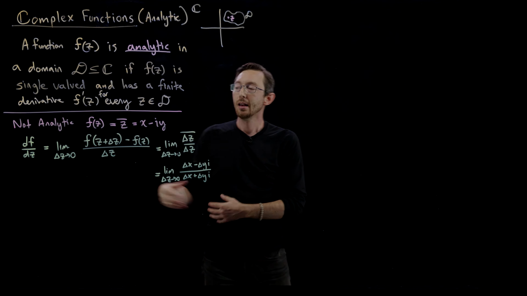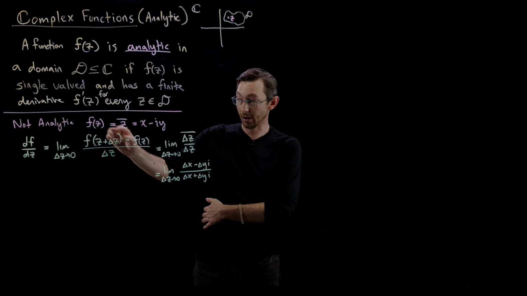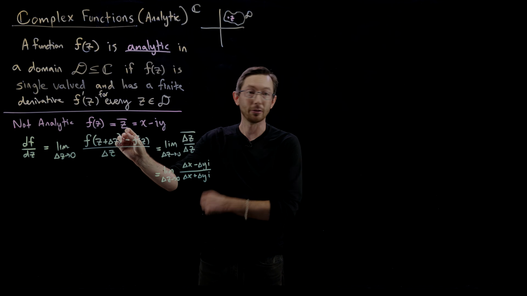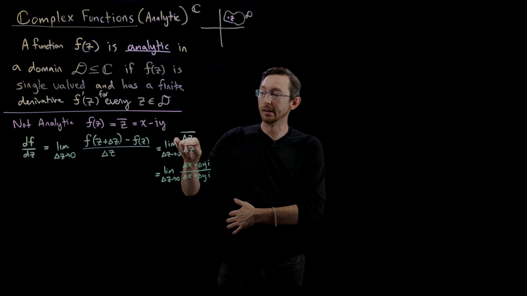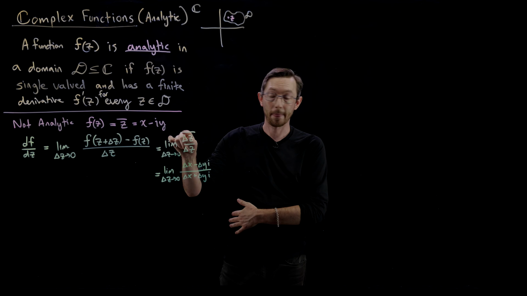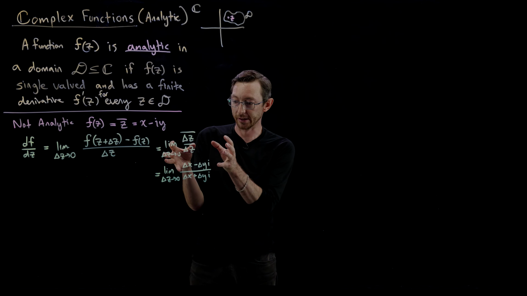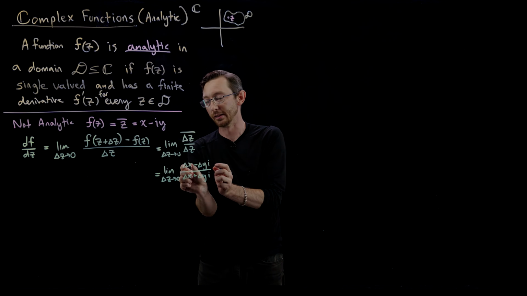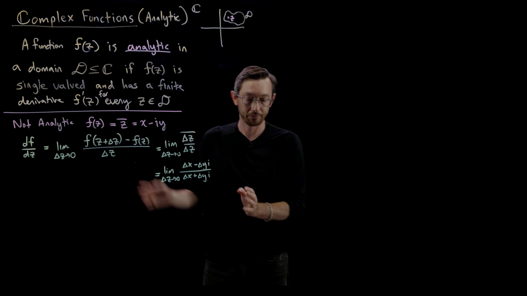So the derivative df dz is the infinitesimal rate of change of f when I vary delta z. If you literally plug in z plus delta z and z into this complex conjugate function f and cancel them out, just do that on a piece of paper, pause the video and do that, you'll see that the top is going to be delta z bar, and the bottom is just delta z, and we're going to take the limit as delta z goes to 0. And it's equal to this quantity here, where delta x is how much I vary in the x direction, delta y is how much I vary in the y direction.